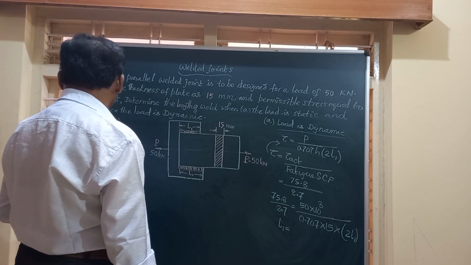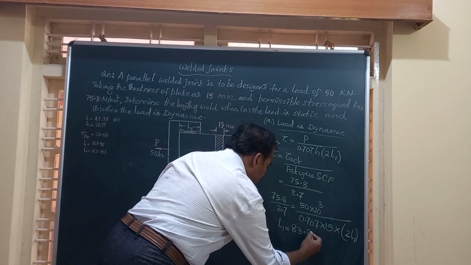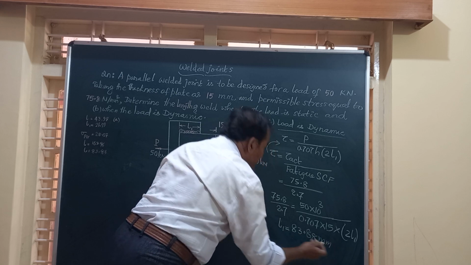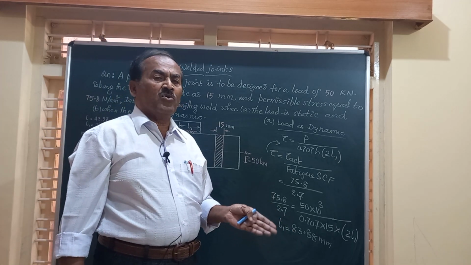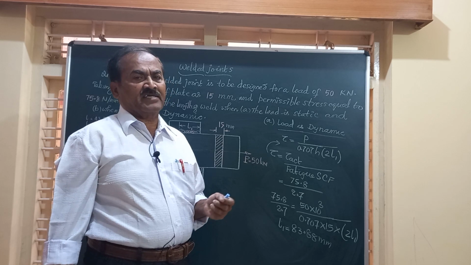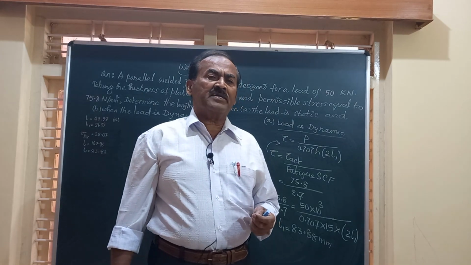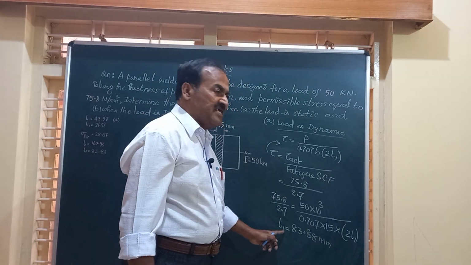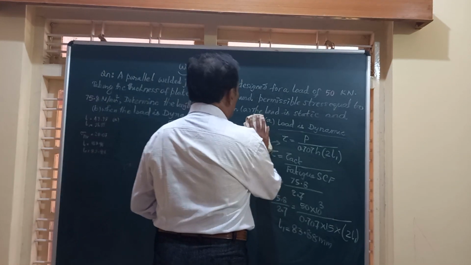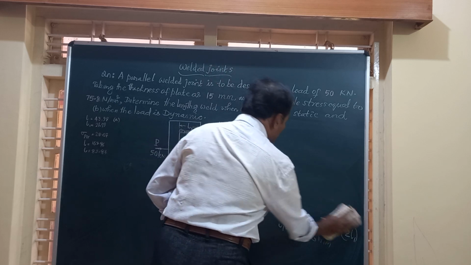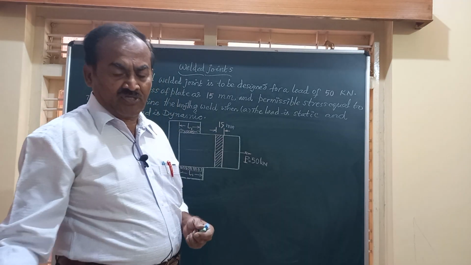Friends, this works out to 83.88 millimeter. And friends, you find it's almost 3.5 times more than that of the static load. Again friends, you have to add 10 millimeter extra for starting and stopping of beads for this length L1 obtained. And friends, this is how we obtain the length of weld required in static and dynamic loads.